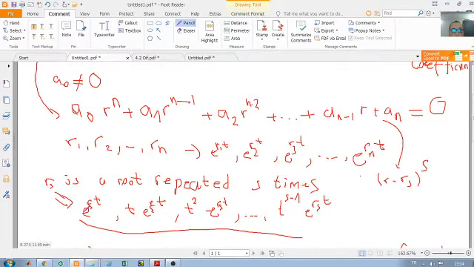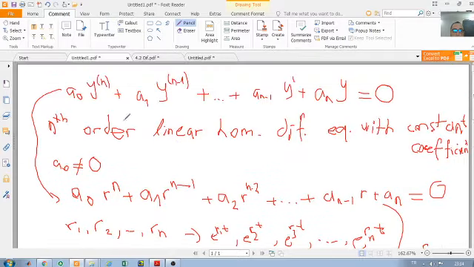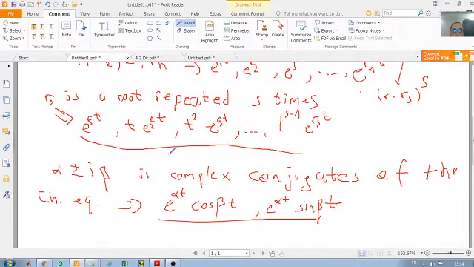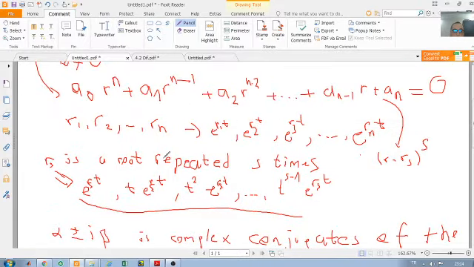The most general statement for the solution of the differential equation here will be a linear combination of them. If some roots are real and different, we will use this formula.